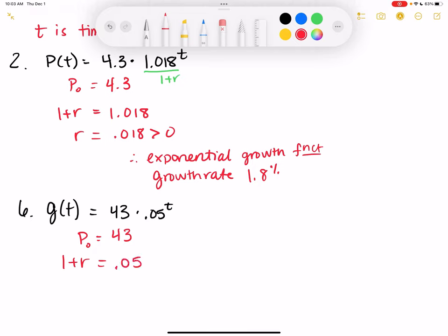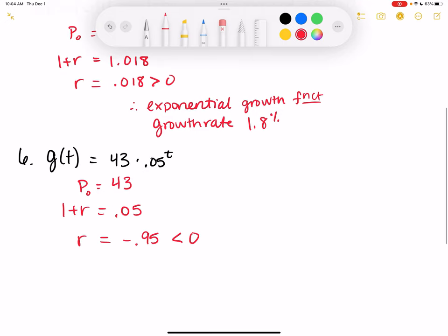So what is R? Just subtract 1 from both sides. 0.05 minus 1 is -0.95. This value is less than 0, so, therefore, it is an exponential decay function.